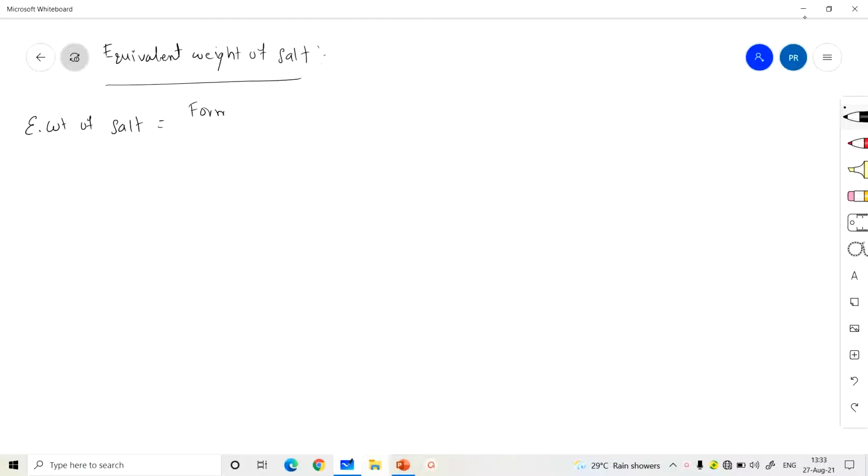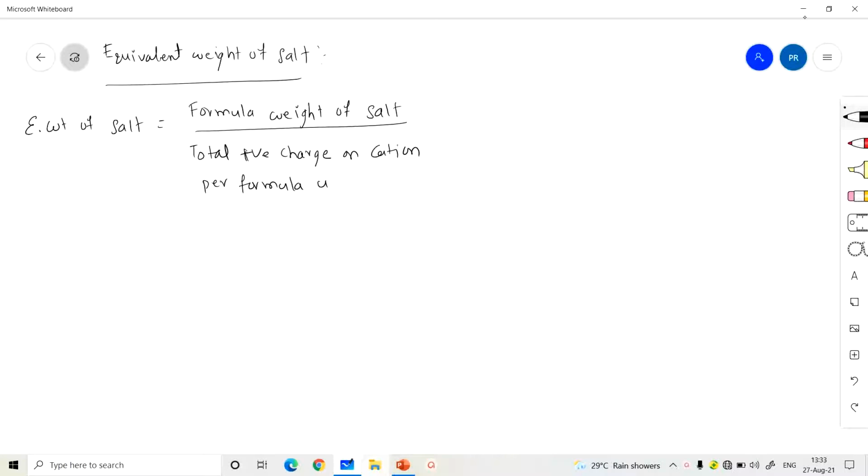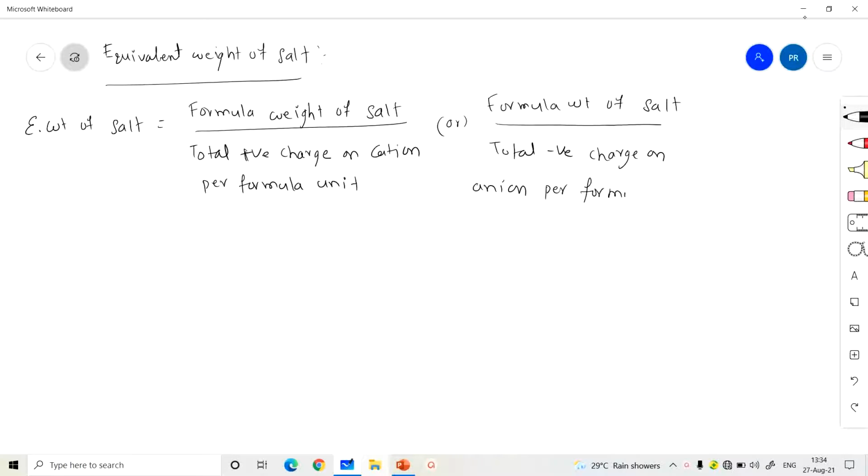Equivalent weight of salt is equal to the formula weight of salt divided by, observe very carefully, the total positive charge on cation per formula unit, or the formula weight of salt by the total negative charge on anion per formula unit.